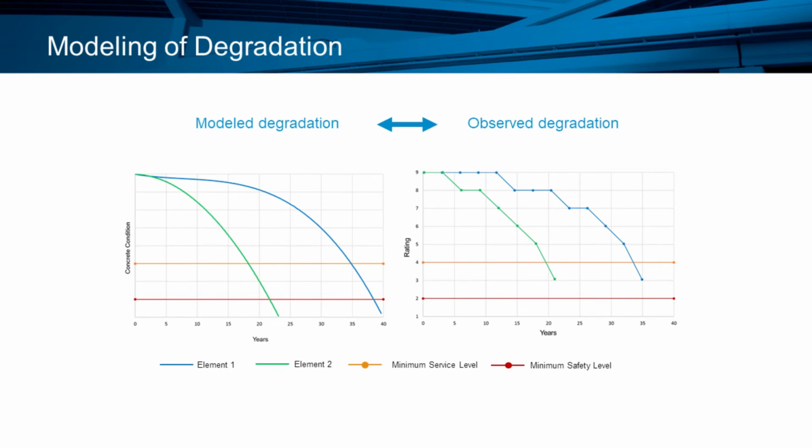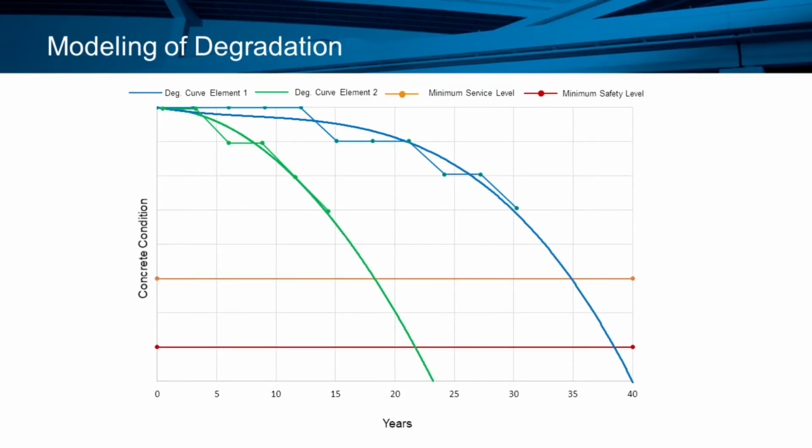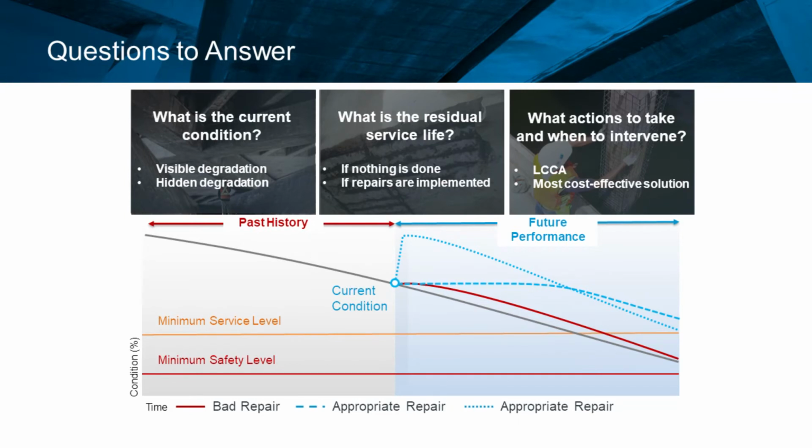So if we can reproduce the past and predict the future, we have degradation curves like that, and in that case we can tell if we are on the green curve or the blue curve. At any time we can evaluate when the critical condition will be reached, and it helps predicting what will have to be done in the next few years, where it will have to be done, and how much it's going to cost, because all this can be used in the life cycle cost analysis, for example.